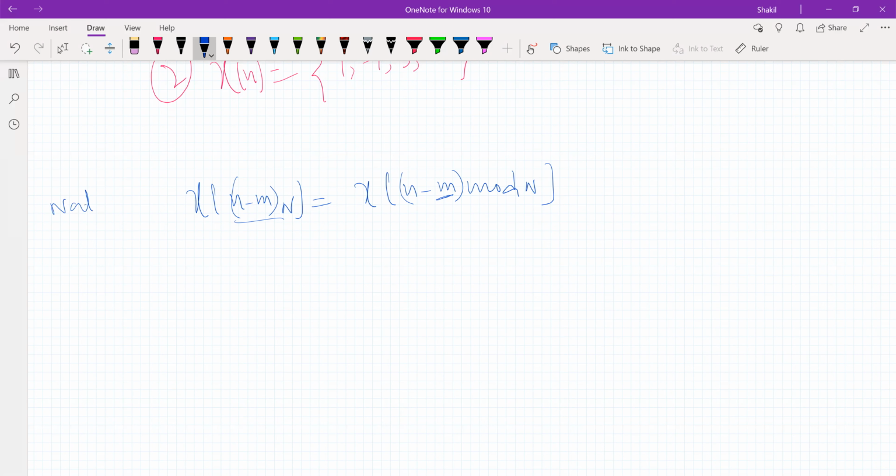This is the notation that is used in the literature. All right. Now, before I end this session, one very important point: the DFT of a circularly shifted sequence. What is the DFT of a circularly shifted sequence?